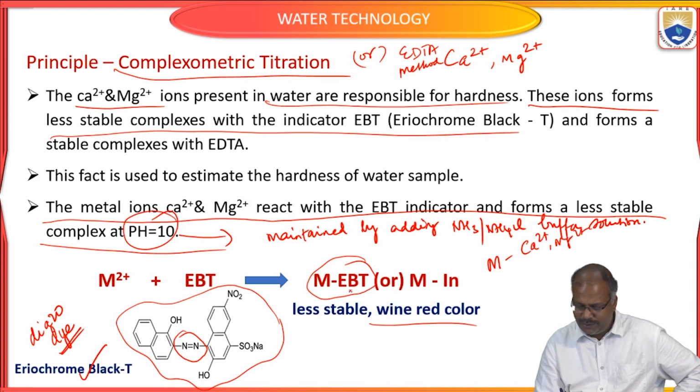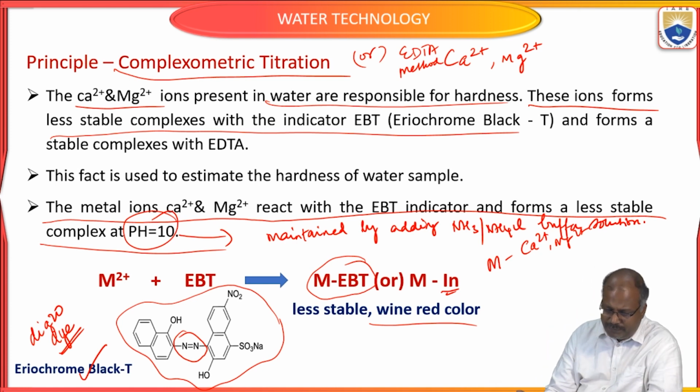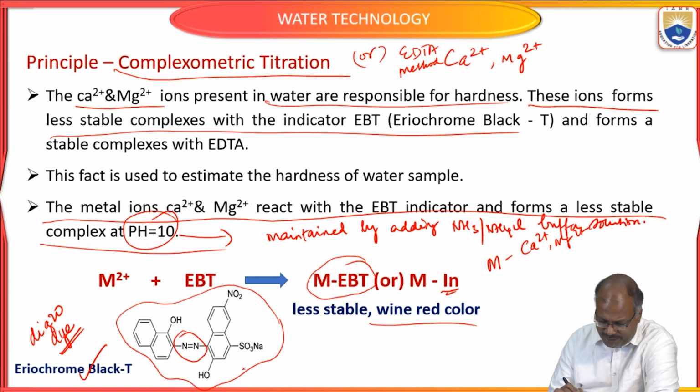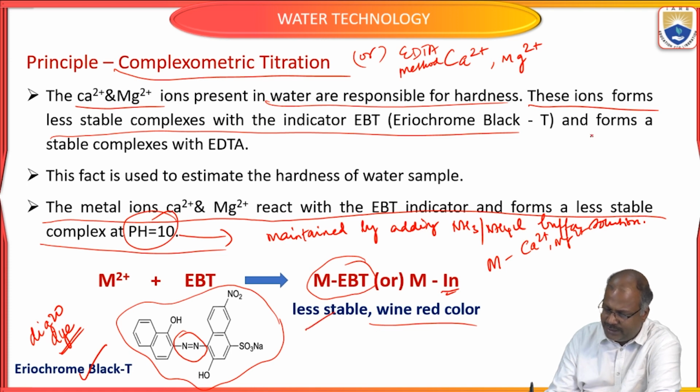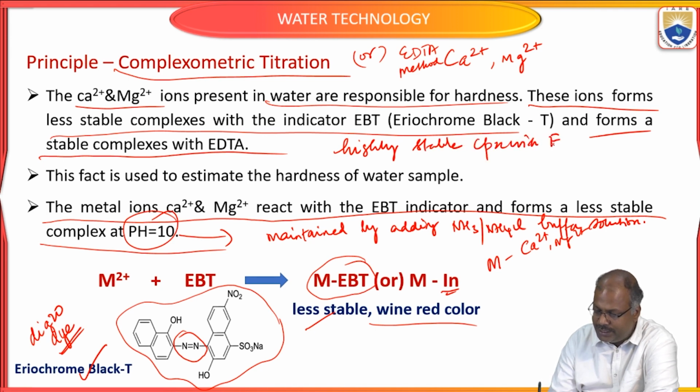With indicator EBT. Basically, when calcium or magnesium forms a complex with EBT, it is wine red in color and less stable, whereas it forms a very highly stable complex with EDTA.